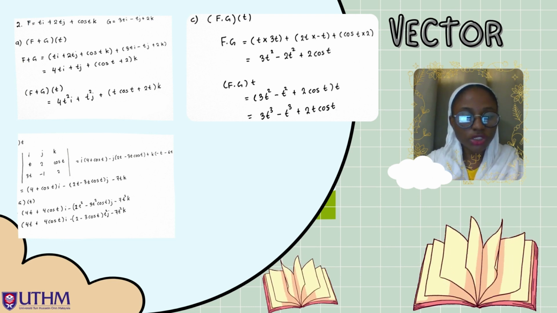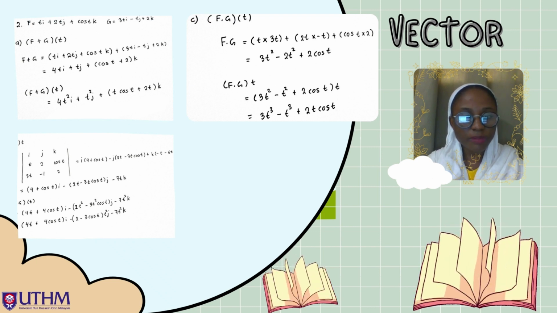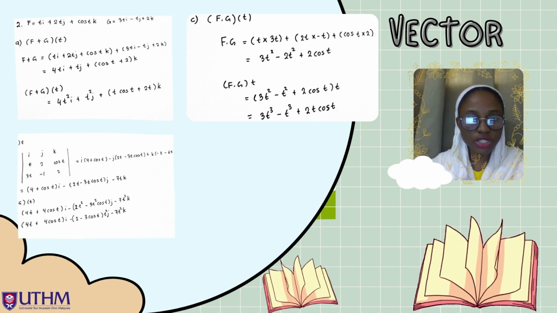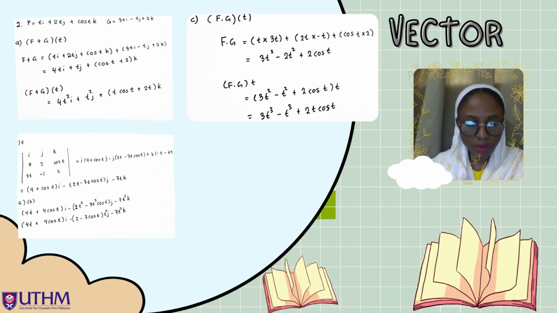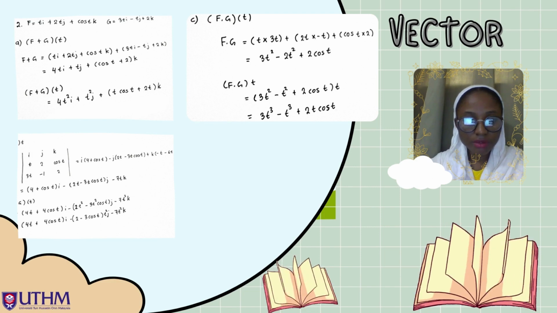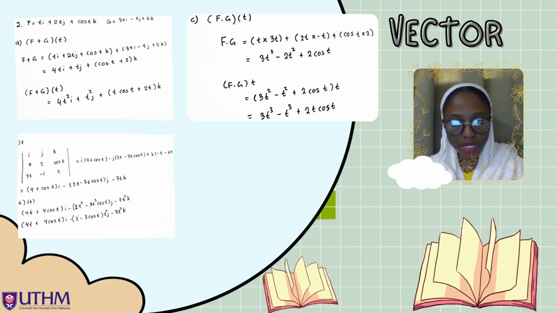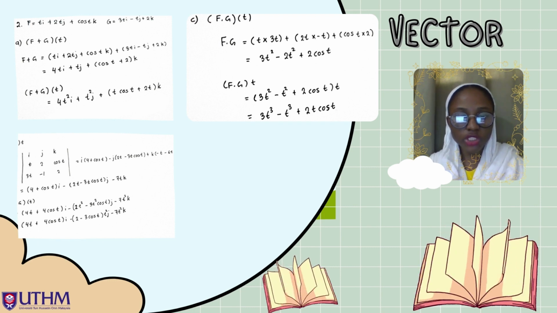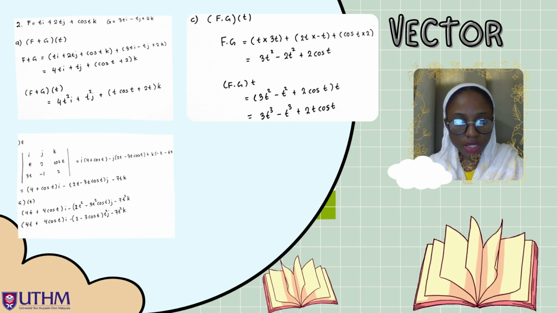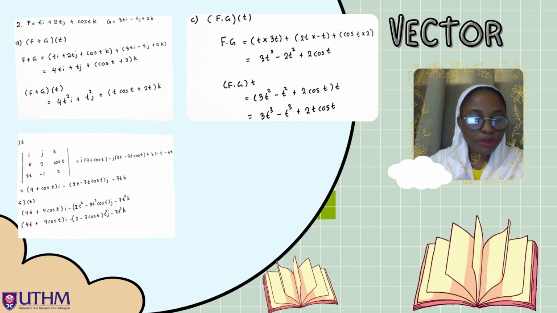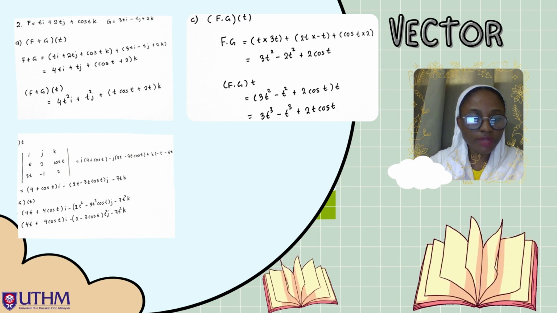As for question 2b, we'll be looking for f cross g multiplied with t. First, we start with multiplying f by g, which will give the answer (4 plus cos t) i minus (2 plus negative 3t cos t) j plus k times (negative t minus 6t).